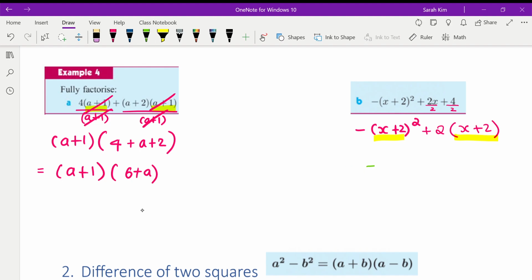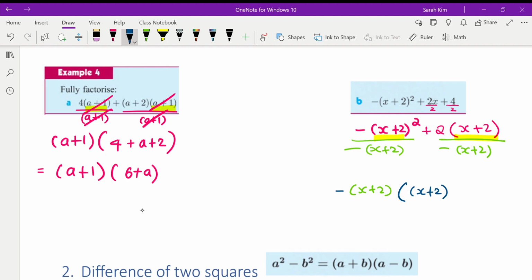I'm going to write it a little bit lower so you can see what to do with it next. If I divide both of these by this common factor, you should be able to see what happens with the remainder. So minus is a remainder, and then what I might do is just chuck a minus up the front as well and divide it by a minus as well. That just makes my life easier in the bracket. So leftover is, there's a square, so there's another bracket over here.